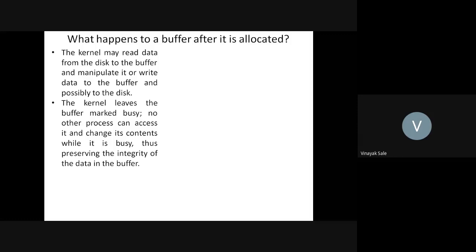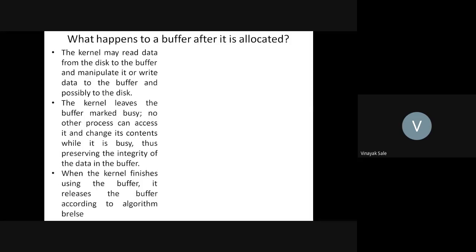No other process can access it and change its contents while it is busy, thus preserving the integrity of data in the buffer. When the kernel finishes using the buffer, it releases the buffer according to algorithm brelse, that is, buffer release. This is the next algorithm, for releasing that buffer.